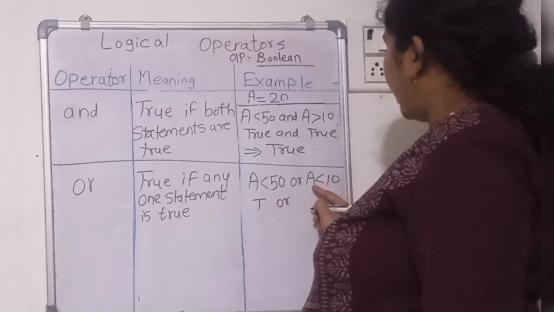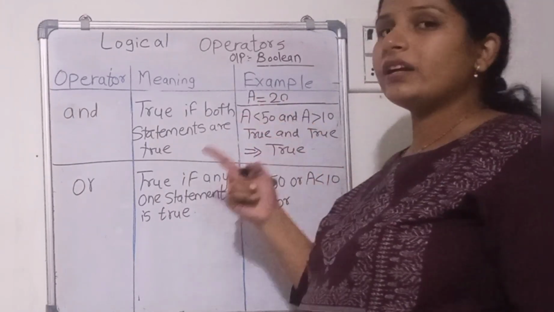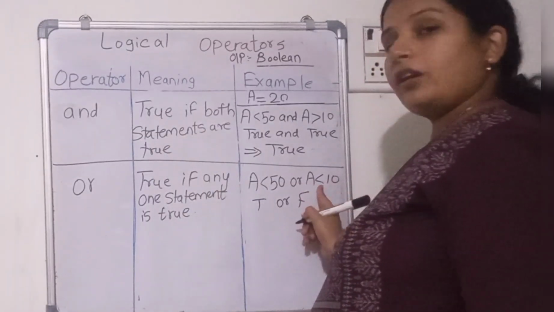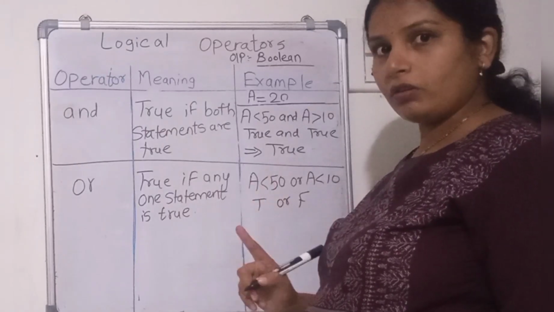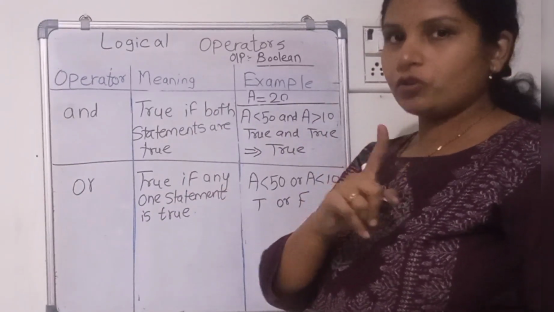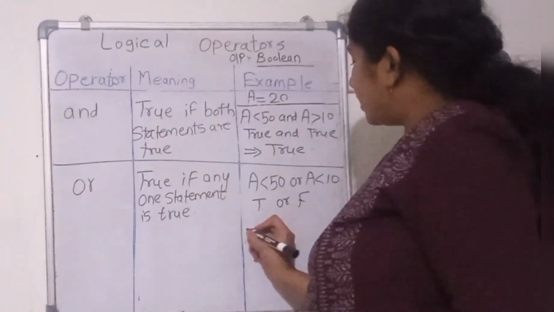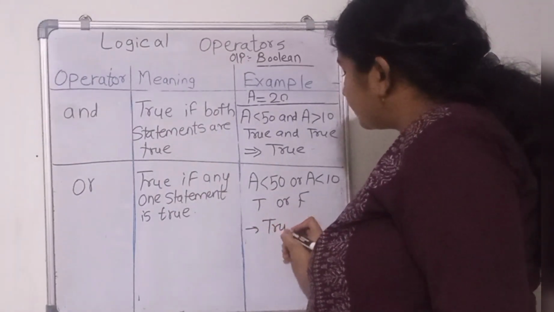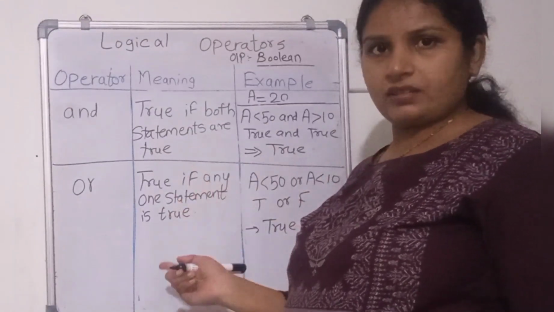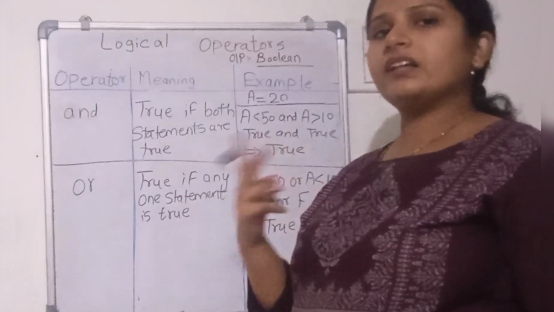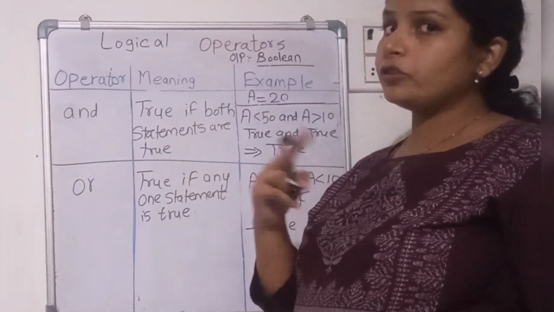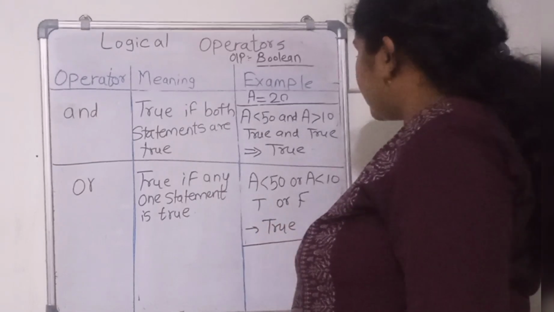Or a is less than 10. Now a is not less than 10, a is greater than 10. So for this statement our answer is false. But we are getting either one statement true here. So our result is true. Any one statement should be correct in this case. If both are correct, then also your result is true. If both are false, then your result will be false. Take the second example.